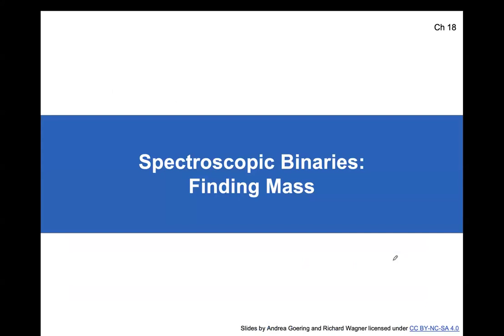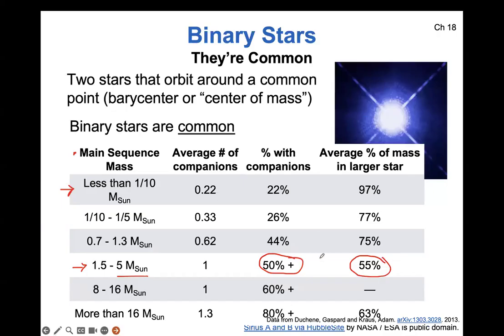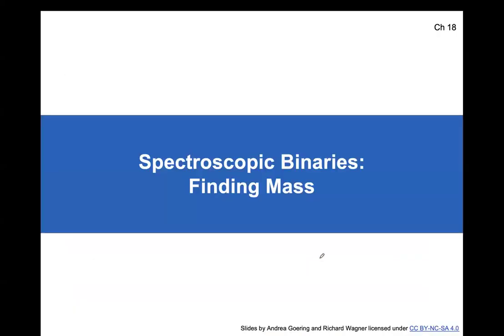Okay, so far, visual binaries, summary of data, a lot to take in. Another type of binary system. Again, it matters because of the technique that can be employed to study something called a spectroscopic binary.